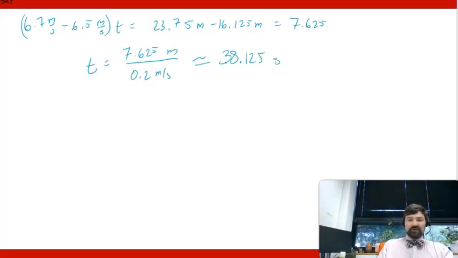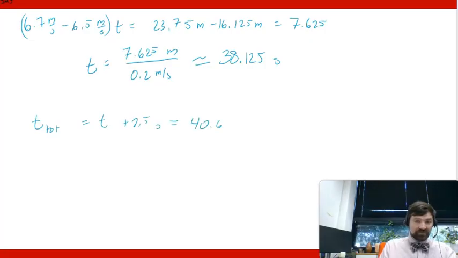Worth noting is that this is how much time it takes from the second part of the motion. If we want the total time, we have to add back the 2.5 seconds, so t plus 2.5 seconds, which is about 40.625 seconds. That's how much time elapses before one catches the other.